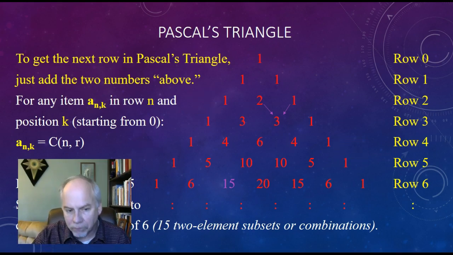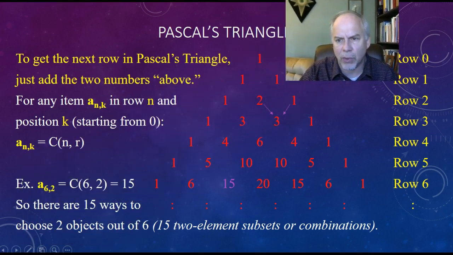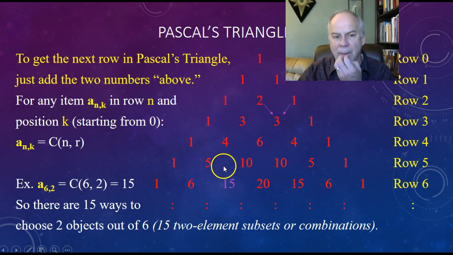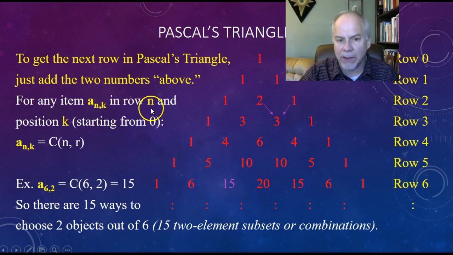All right, so what is the significance of Pascal's Triangle to what we've been talking about? Well, for any item in a row, where the row number starts at 0 for the top row, and then 1 for the next row, 2, 3, 4, etc. Any item in the row and in position K starting from 0, so this would be like the 0 position, 1 position, 2 position, 3 position.